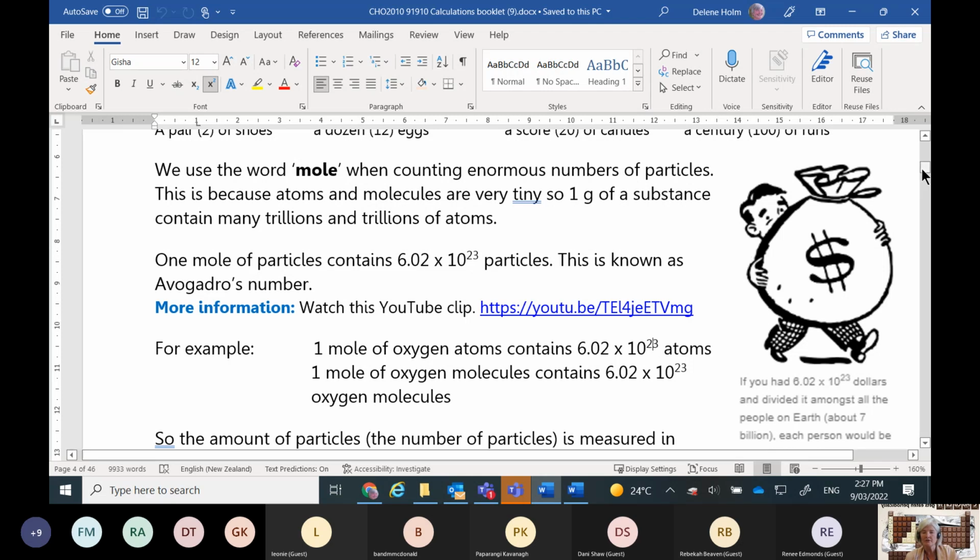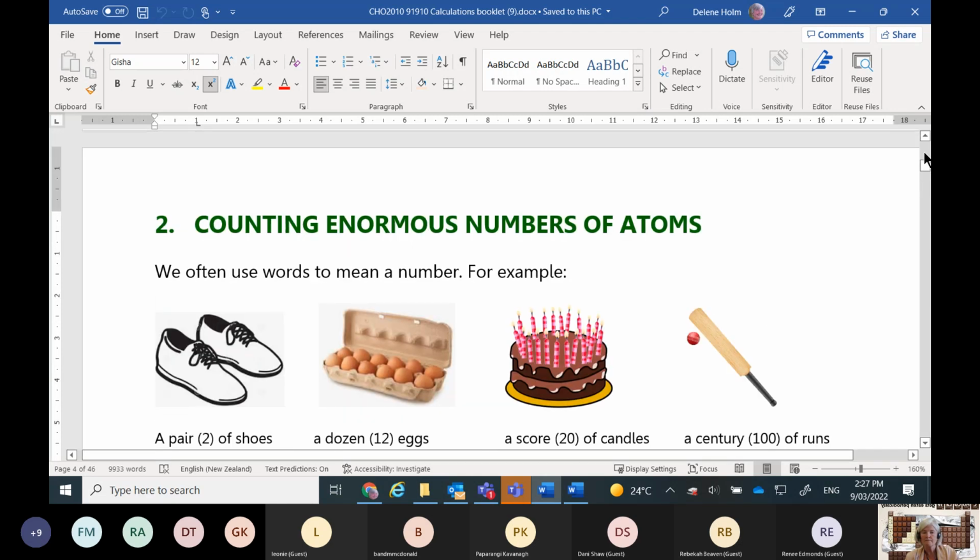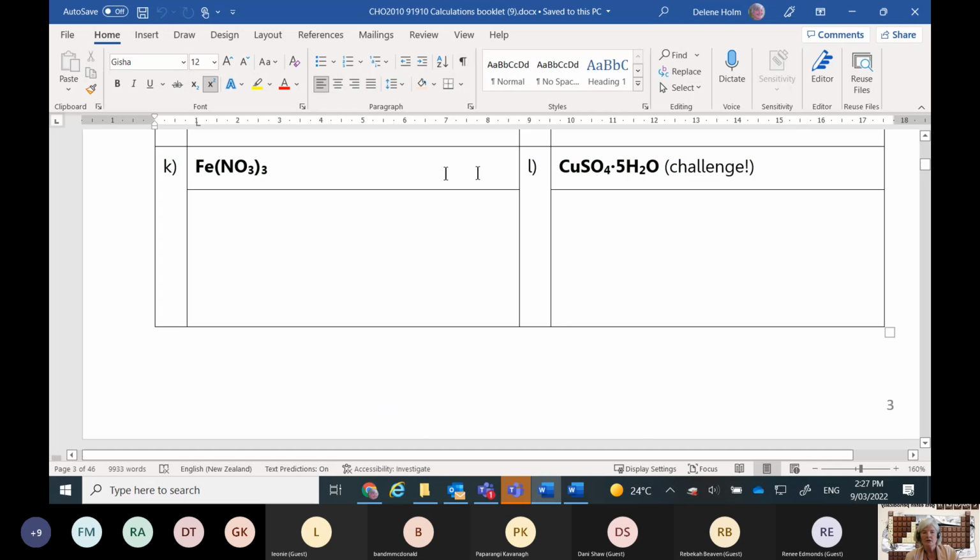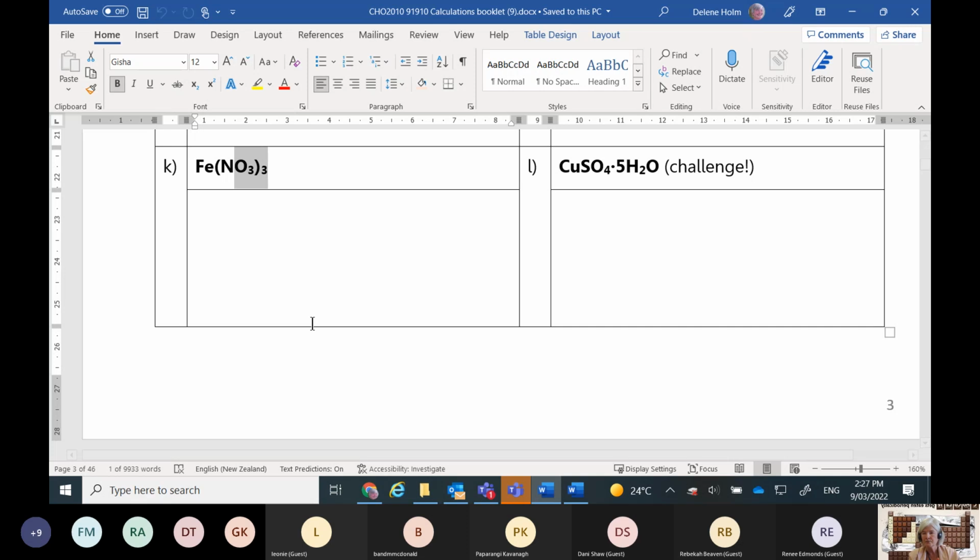So if I go back to over here, this would be 1 mole of iron atoms and 3 moles of nitrogen atoms and 9 moles of oxygen atoms for every 1 mole of iron 3 oxide.